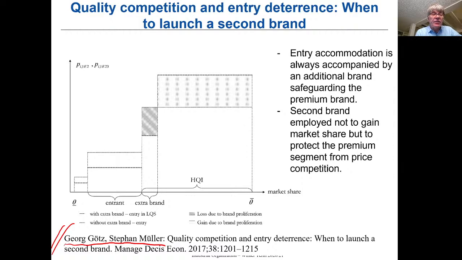Here we address the question: suppose you have an incumbent who produces a variety and who wants to deter entry. How does this incumbent deter entry? Suppose it cannot deter entry by choosing arbitrarily small quality, because otherwise the entrant will enter here with a high quality.